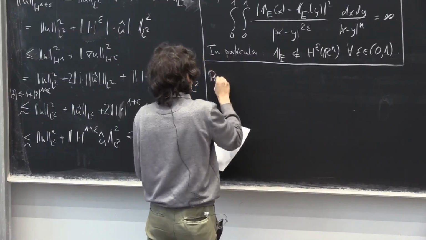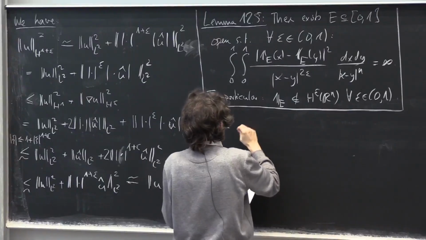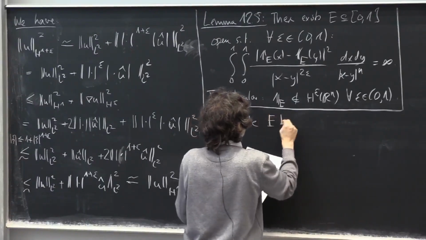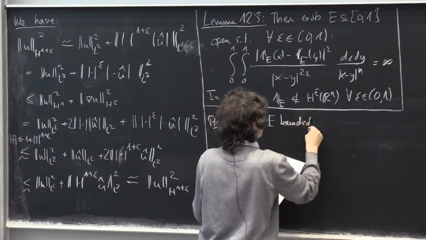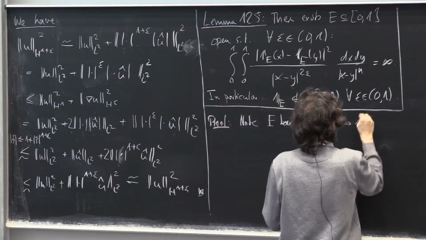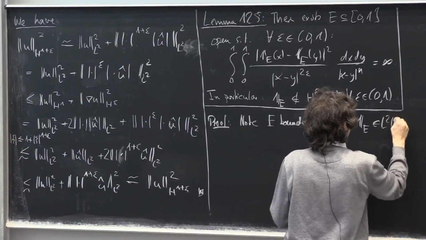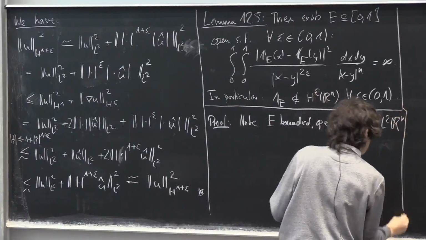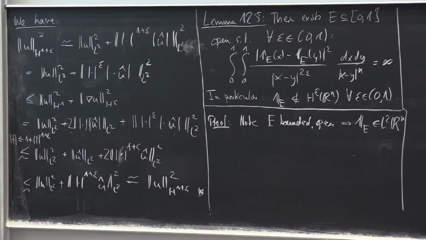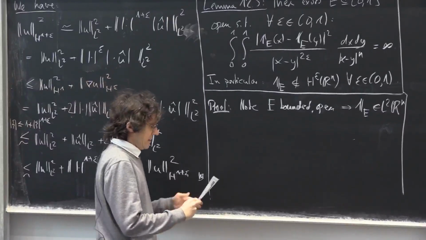So first thing to note is why this in particular holds, and this is just because E is bounded and open, so E is in the interval [0,1] and open. This means that the characteristic function of E is an L2 function. It's measurable because it's a measurable set, and it's L2 because it has support in a bounded set and is bounded.